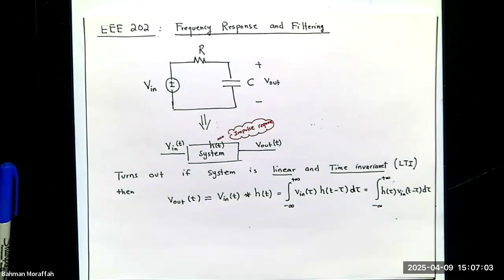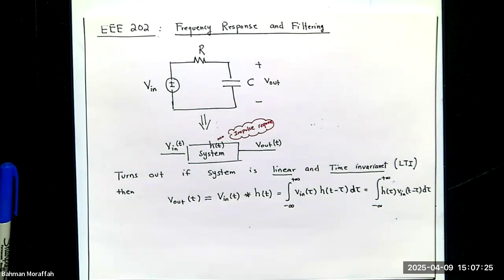And I have to do it for all possible shifts that I have. So it's quite scary. It's quite difficult to do. But what we learned so far is that there is always a possibility to go from the time domain to the frequency domain.